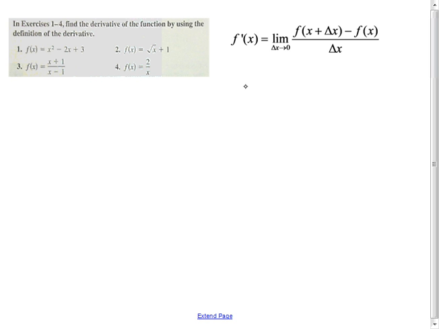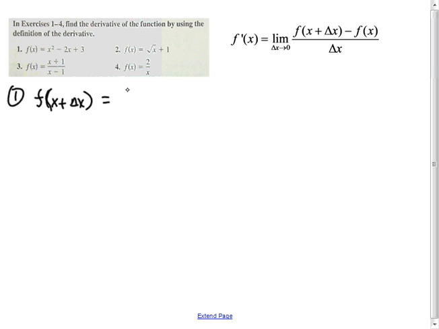So first, let's find out what this f of x plus delta x would be for problem number 1. Well, if f of x is x squared minus 2x plus 3, to find f of x plus delta x, we're going to substitute the expression x plus delta x into the function everywhere where we see x currently.